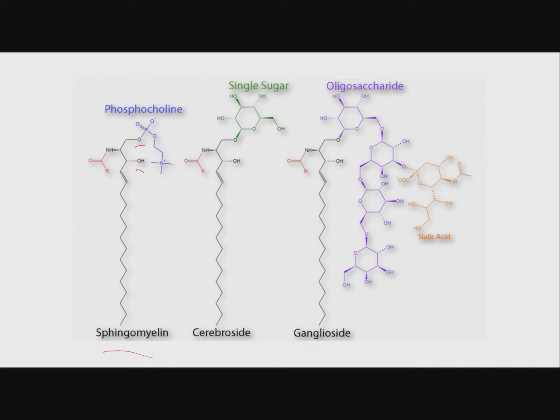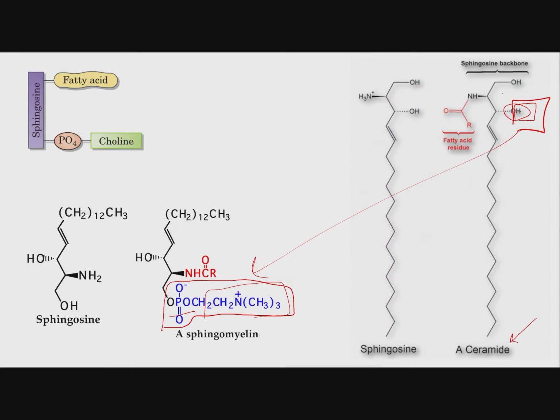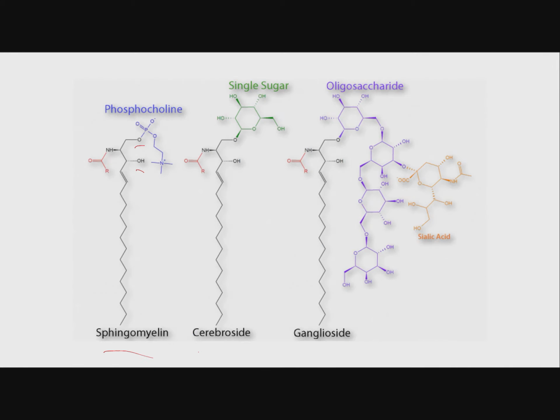That's the right OH. What I mean is, when I was showing you this OH, I should have been doing it on that oxygen. So sphingomyelin is called a cerebroside if it's got a simple sugar on it, and it's called a ganglioside if it's got an oligosaccharide on it. Remember from the last lecture, oligosaccharides are just many sugar molecule monomers linked together.